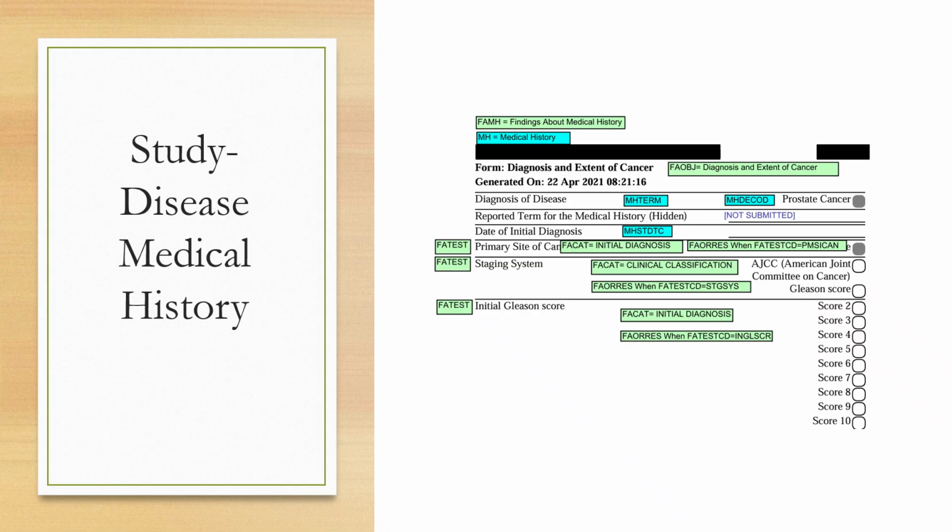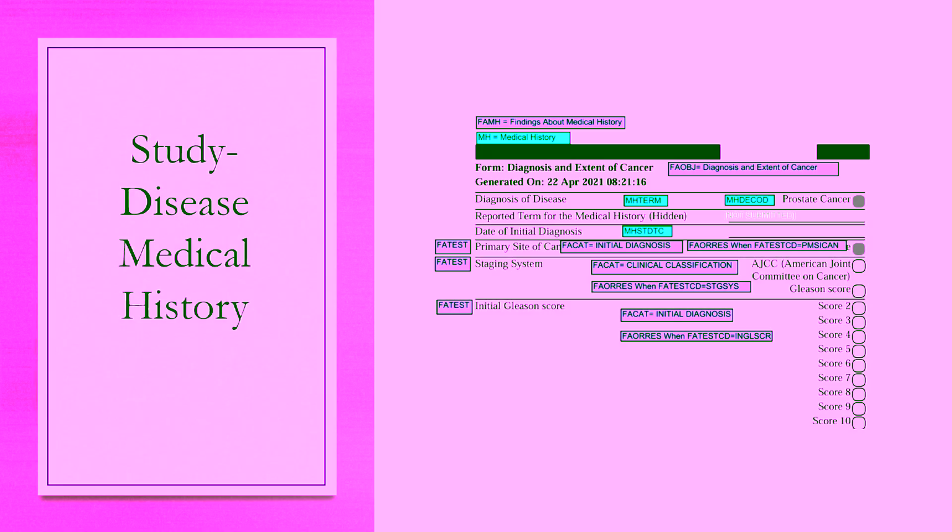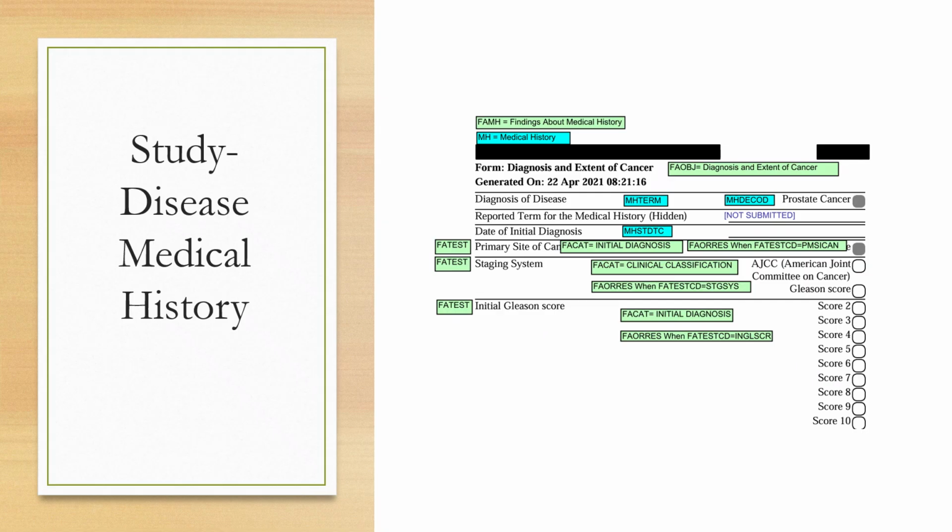That is when the subject was diagnosed with this particular cancer. Apart from that, all the other information which is being captured here is, for example, the primary site of cancer, the staging system, or the initial Gleason score. All these provide additional information on the disease in question, that is the prostate cancer.